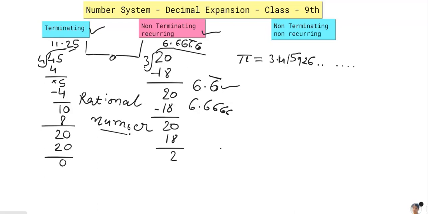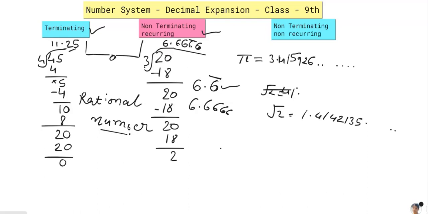So it is non-terminating, non-recurring, like the value of root 2. What is the root 2 value? 1.41, 1.4142135 and so on, and the digits will never be repeated.